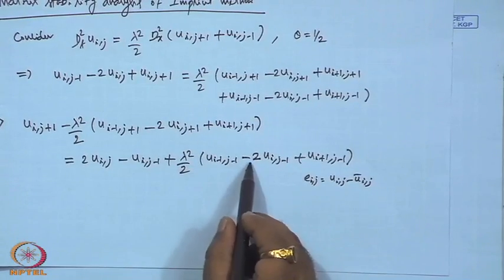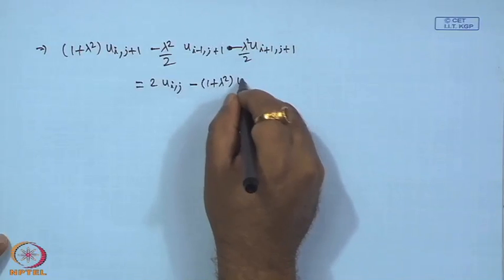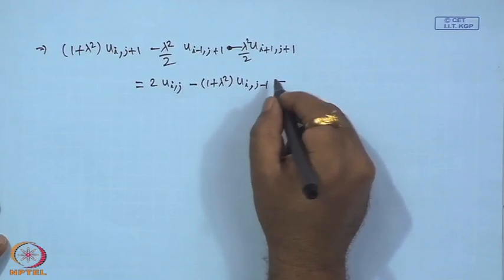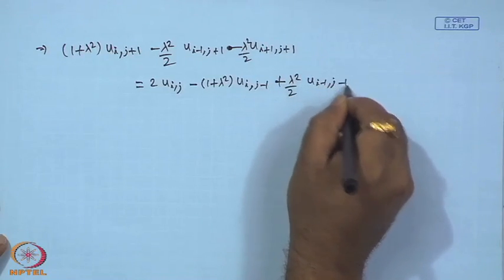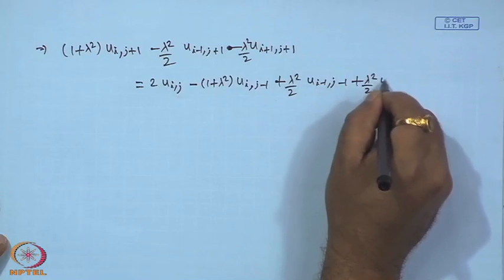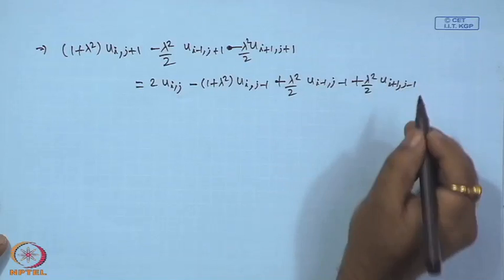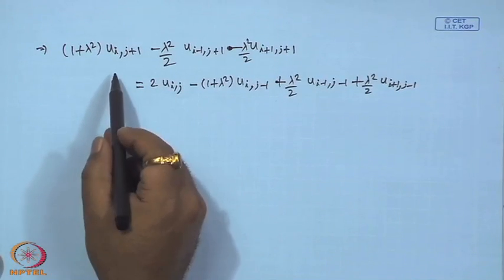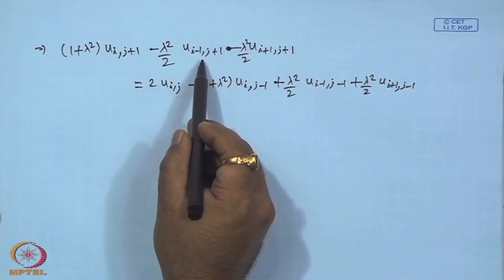So, minus 1 and minus lambda square. Okay. So, this will be minus u I j minus 1 plus lambda square by 2. So, if we introduce the error, then if you look at it, I minus 1 j plus 1 here, right.